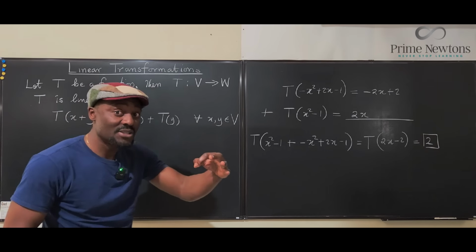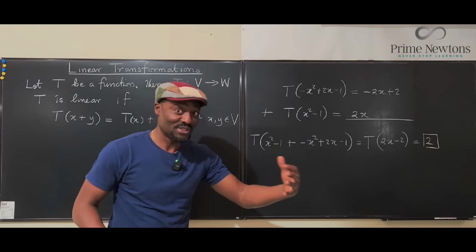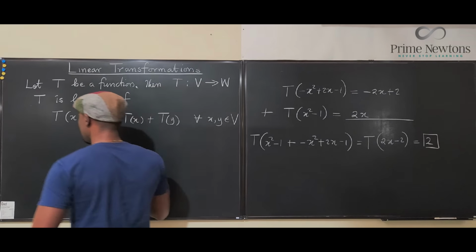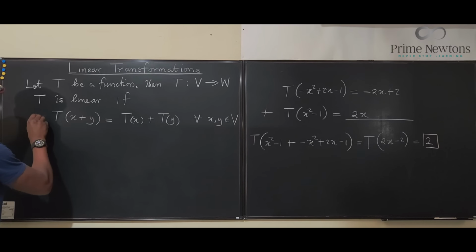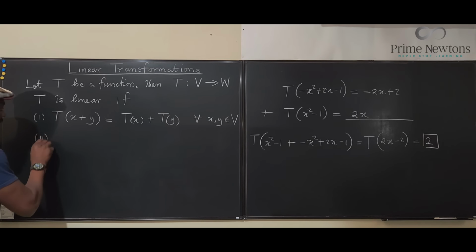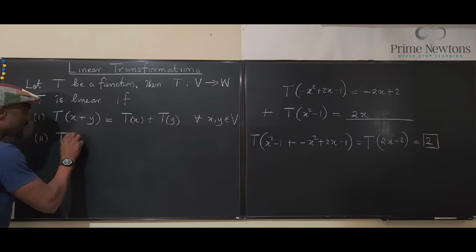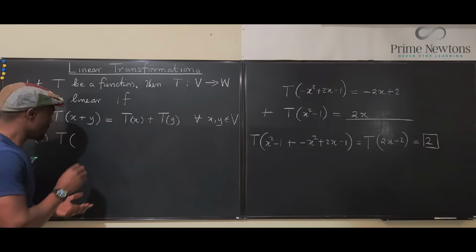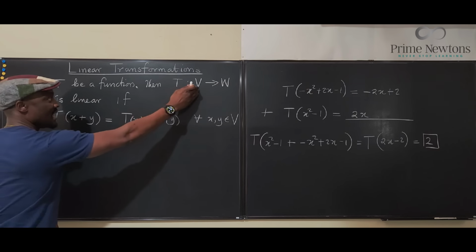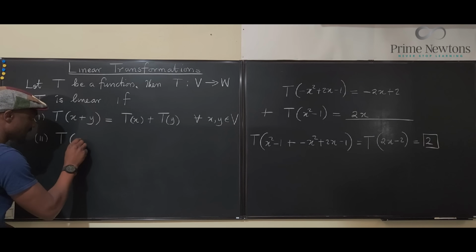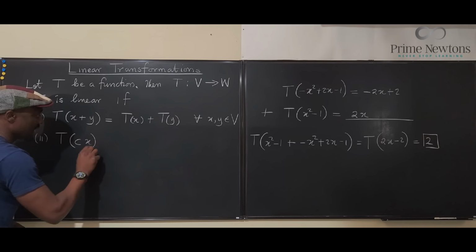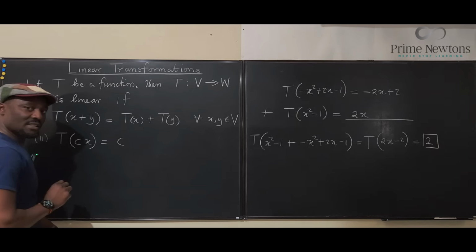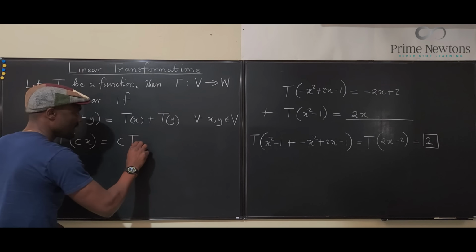There is a second condition that you need to know. This is condition 1. The second one is that T of a scalar multiple of any input vector from V, let's say c times x, is equal to c times the transformation of x.